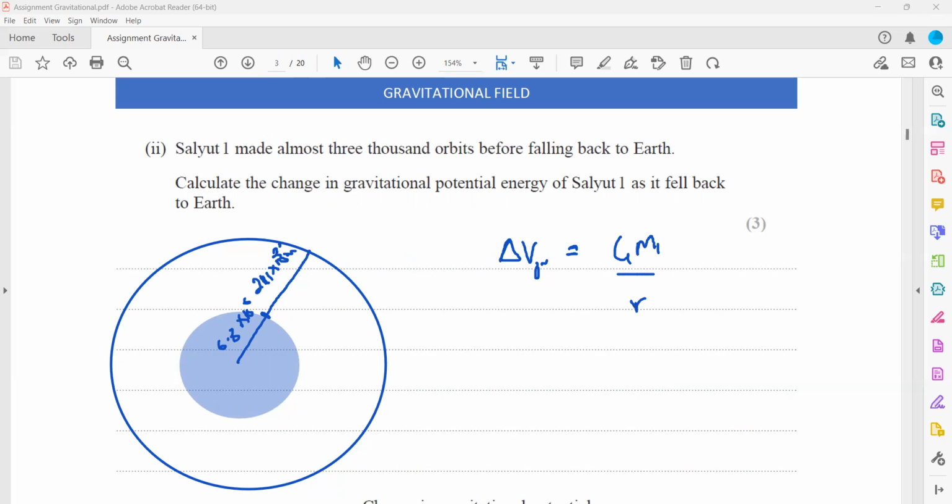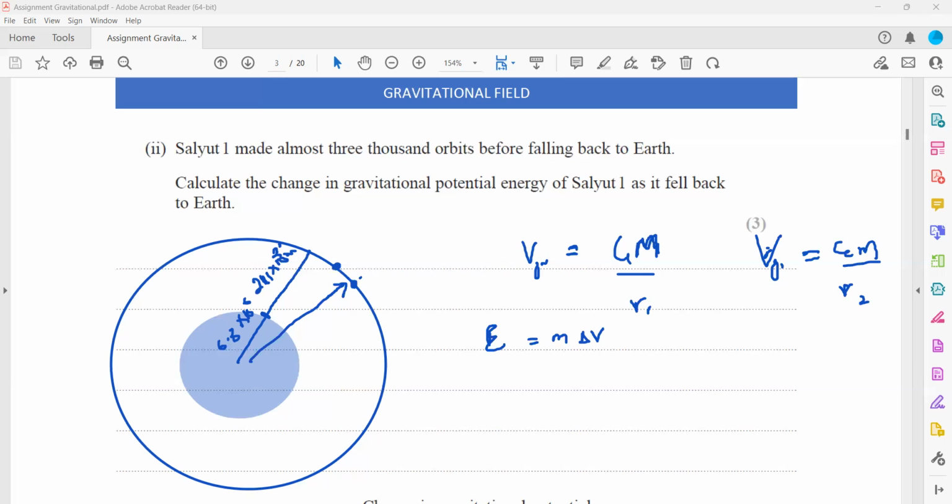G is the universal gravitational constant, M is the mass of the Earth, and R is the distance.